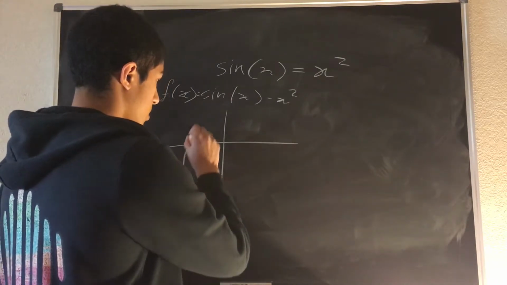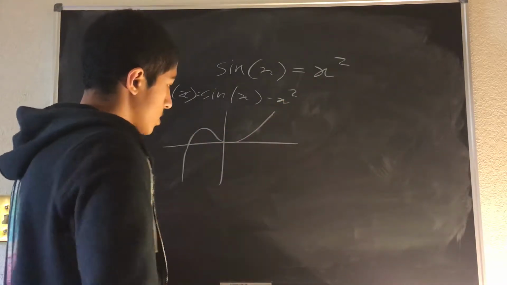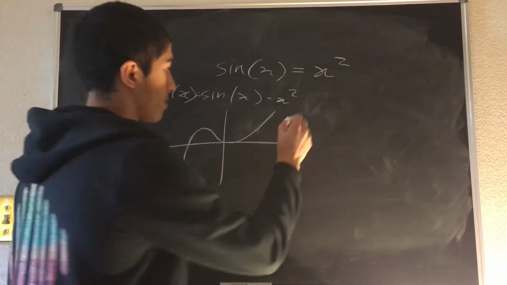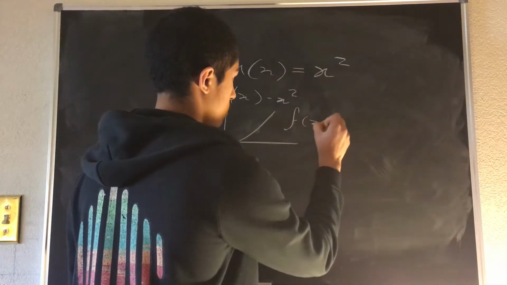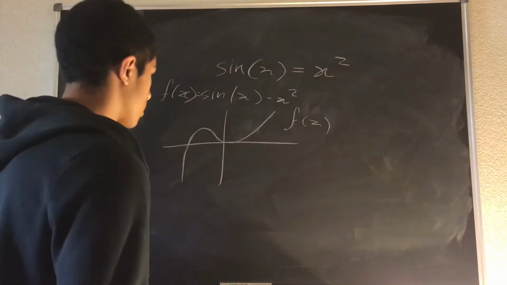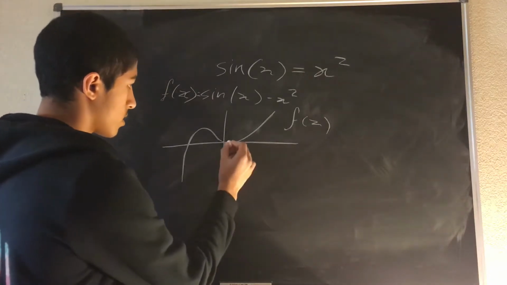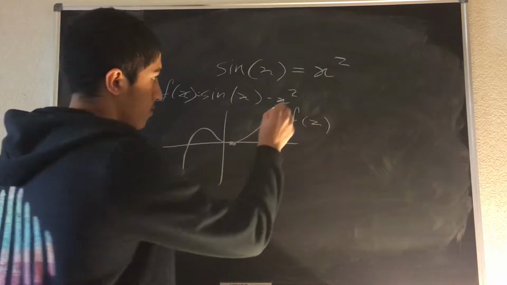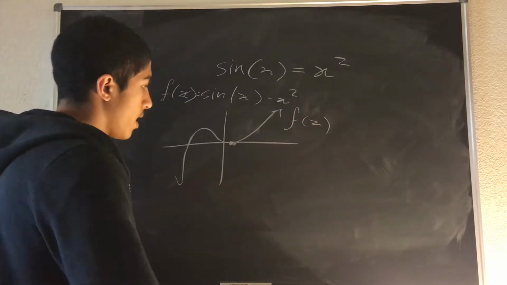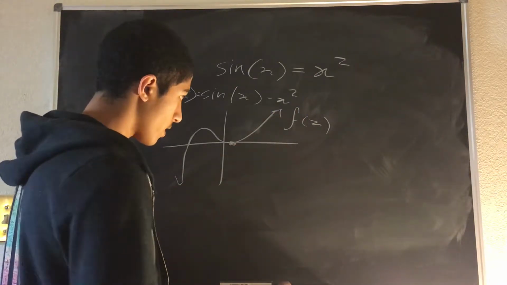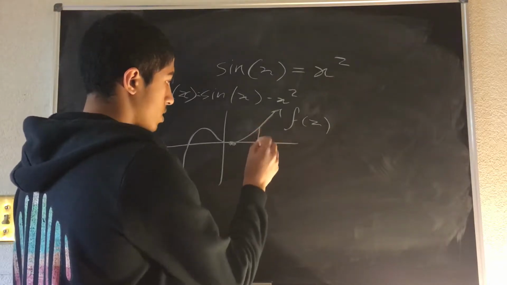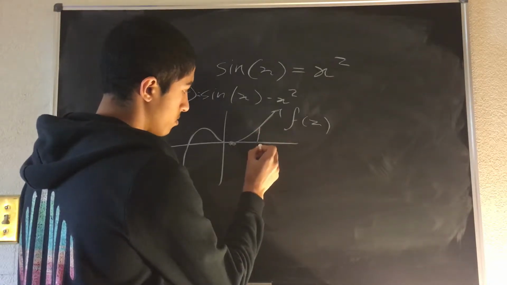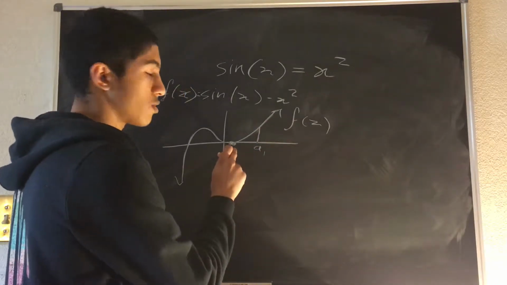So let's say that we have some arbitrary function f of x, and we're trying to find this root of the function over here. And so what we'll start out doing is choosing an arbitrary value close to our root.